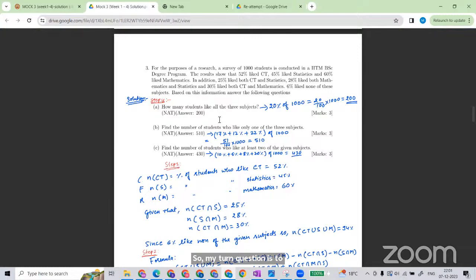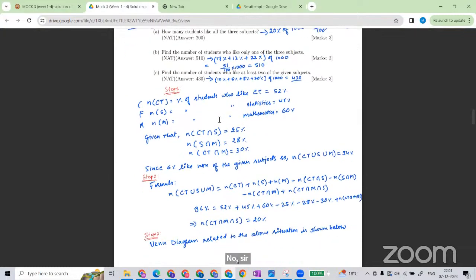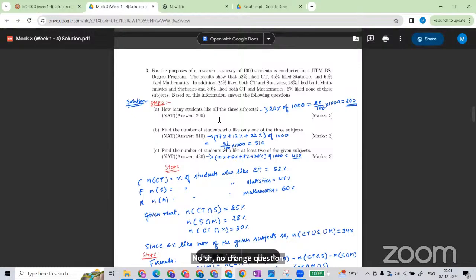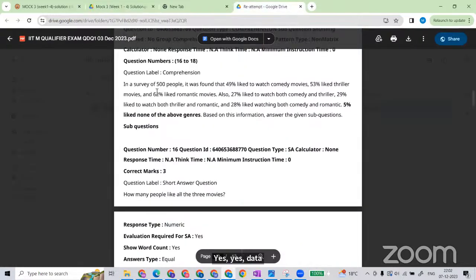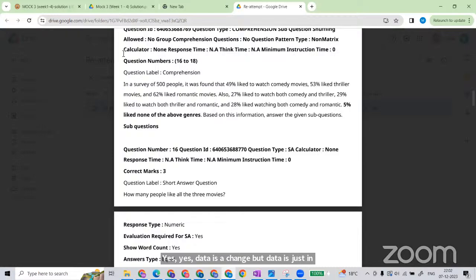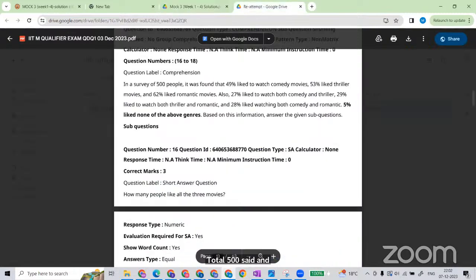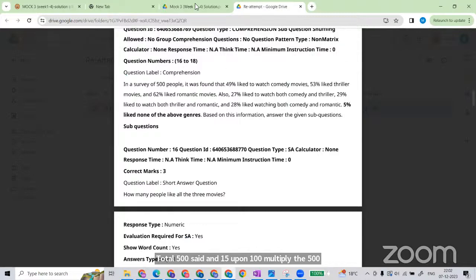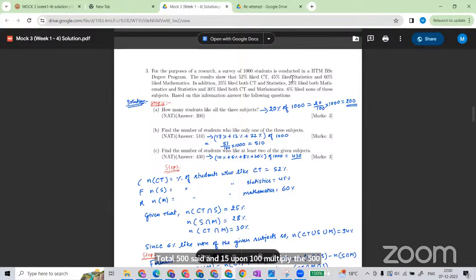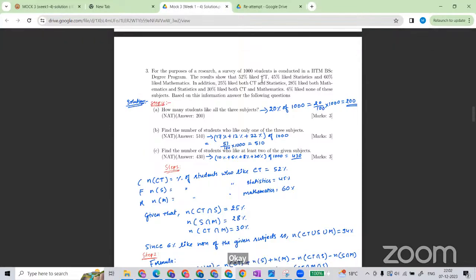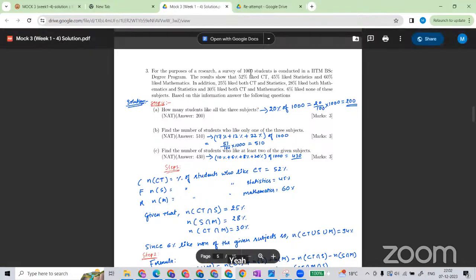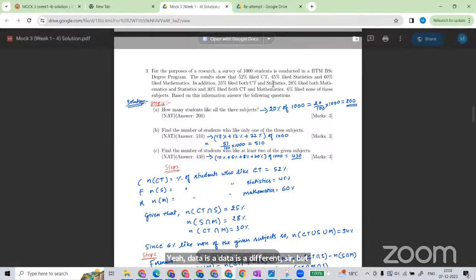No, the data is changed, but the question process is the same, and I solved it with the same process.